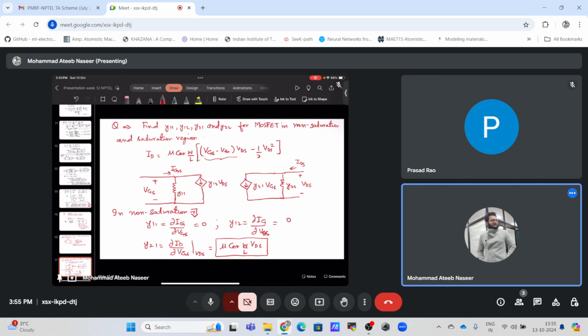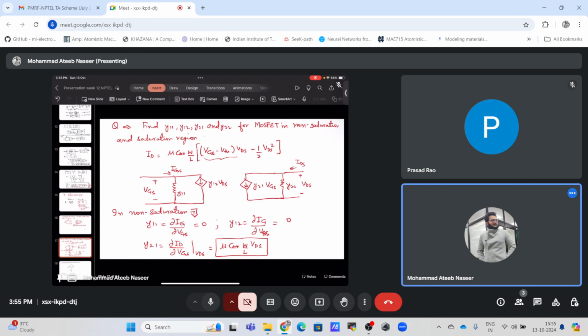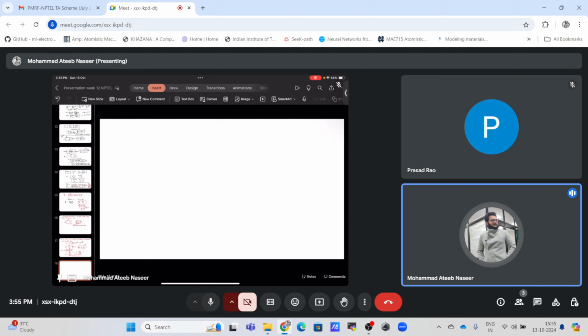Okay, and similarly Y22 is dID by dVDS. It is simply mu times Cox W over L times (VGS minus VTH minus VDS).